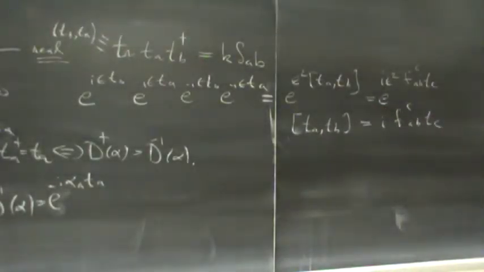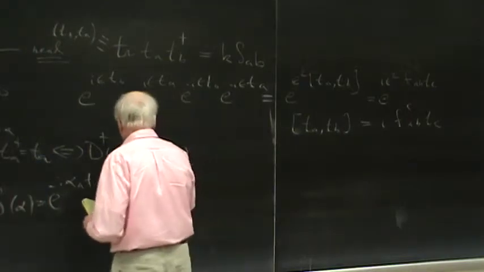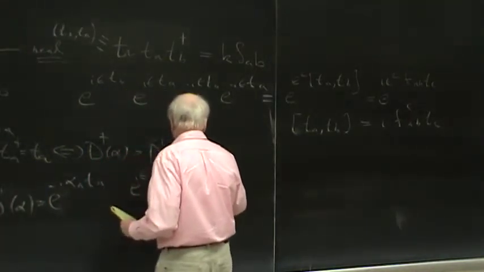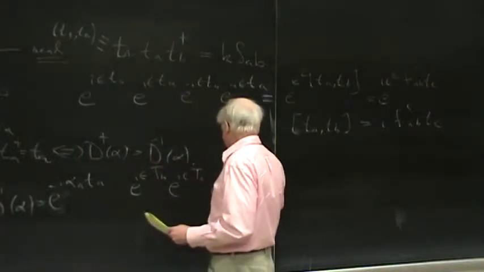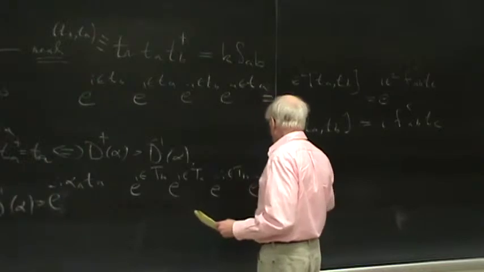All right, now let's suppose we have another representation. Well, the other representation would be e to the i epsilon T_b, e to the i epsilon T_a, e to the minus i epsilon T_b, e to the minus i epsilon T_a.